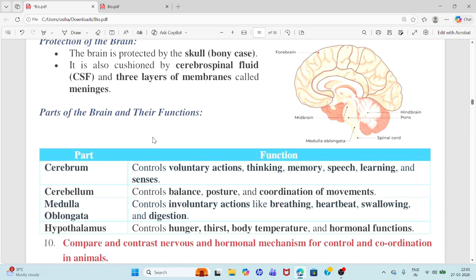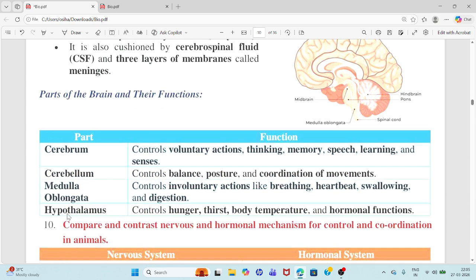Parts of the brain and their functions. These are the parts: cerebrum, cerebellum, medulla oblongata, hypothalamus. Cerebrum controls voluntary actions, thinking, memory, speech, learning, and senses. Cerebellum controls balance, posture, and coordination of movements.